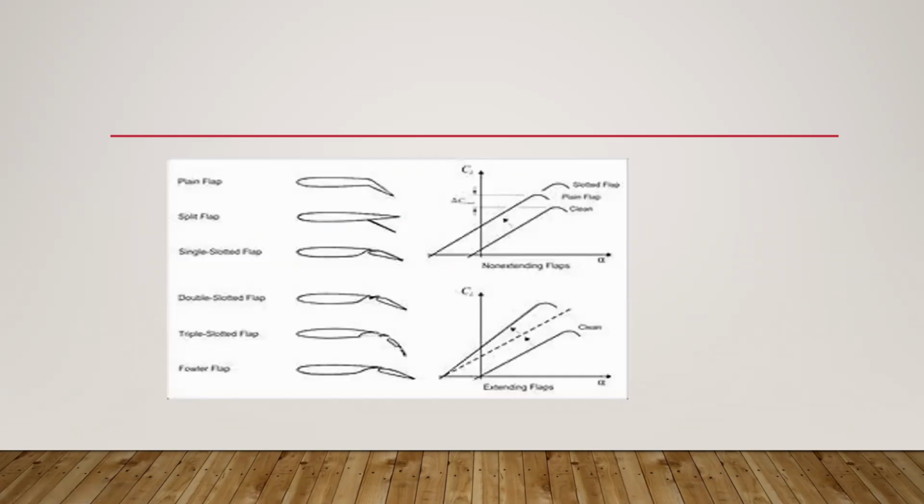Here we can see pictures of different types of flaps and their deflections, and how deflected flaps can increase the CL value and delay the stall. We can see how the CL values and alpha values vary with these flap deflections. These can delay the stall.